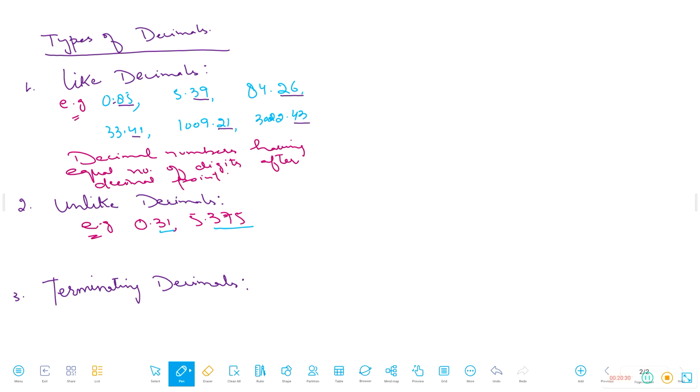Now I am writing here: decimal numbers having unequal number of digits after decimal point.